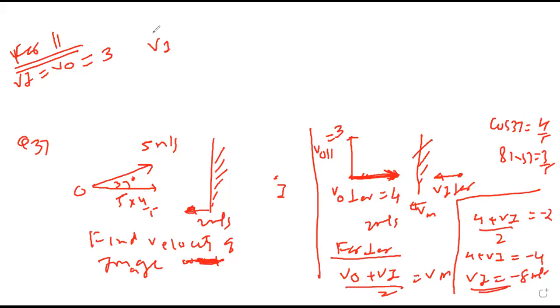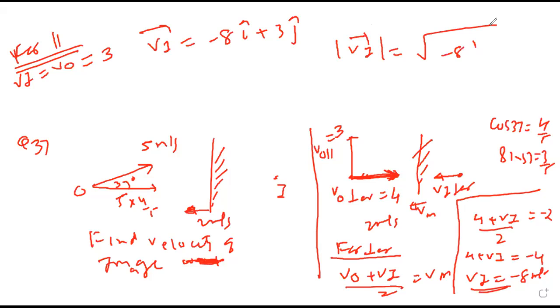Therefore, V of image in vector form is -8 i cap plus 3 j cap. In magnitude, root of -8 squared plus 3 squared, which is 64 plus 9 in root. That is equal to root of 73.